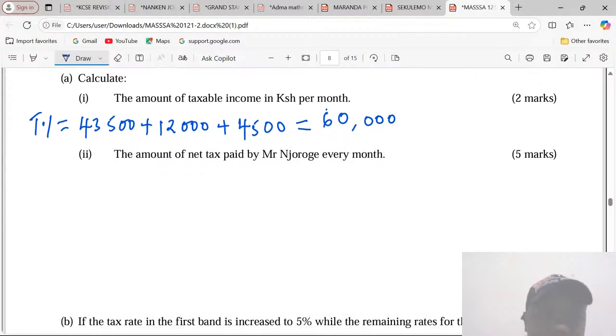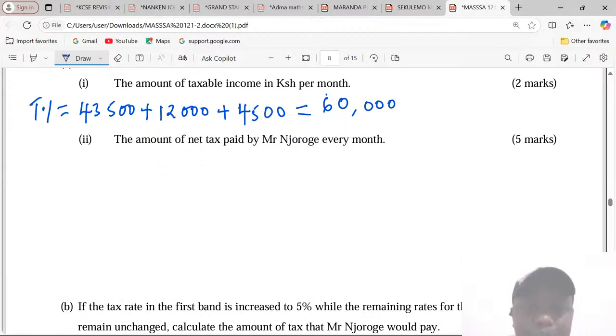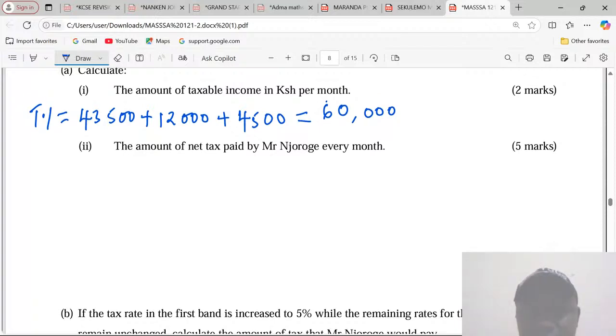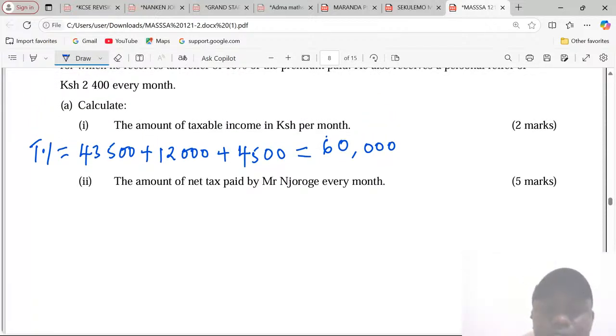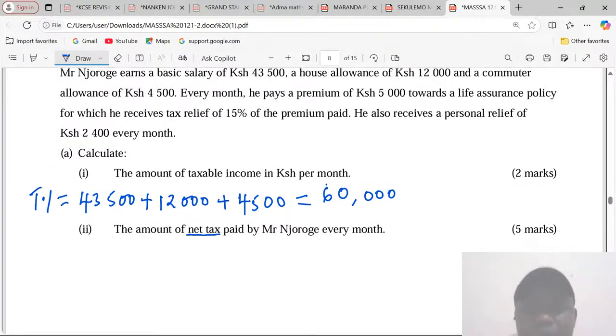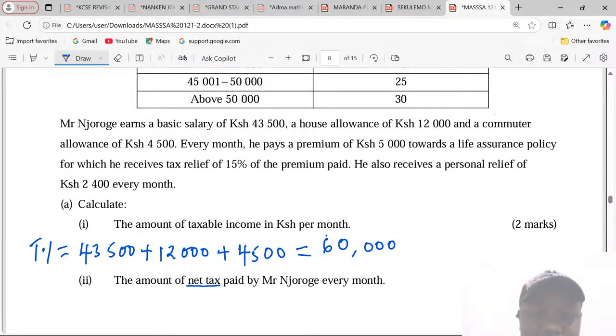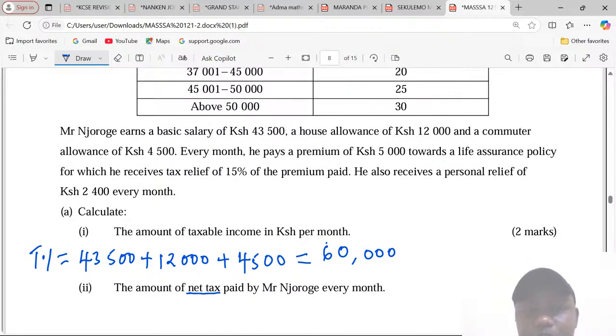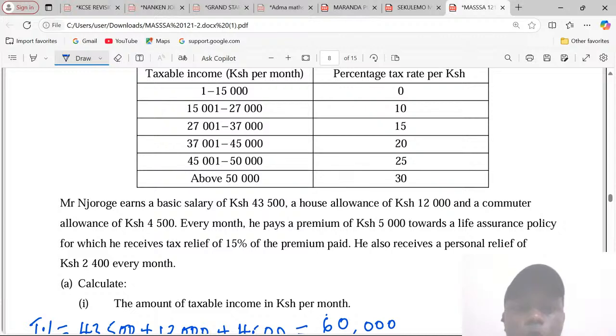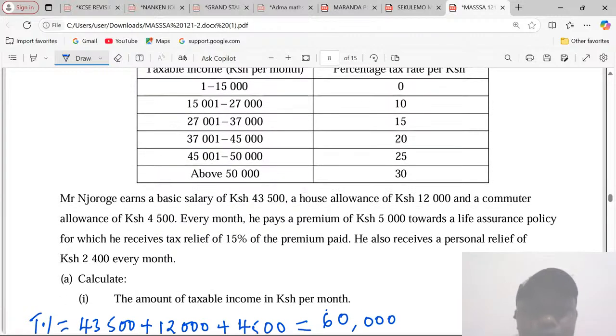The next question is the amount of net tax paid by Mr. Joroge every month. So when we are taxing 60,000, we are going to do this in all the brackets because its taxable income is beyond 50,000.